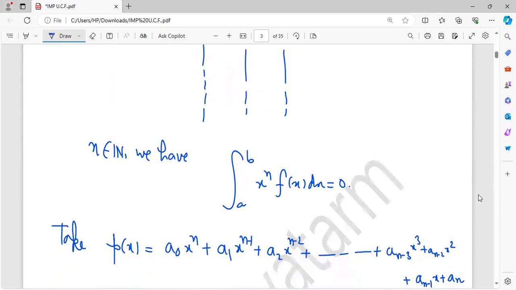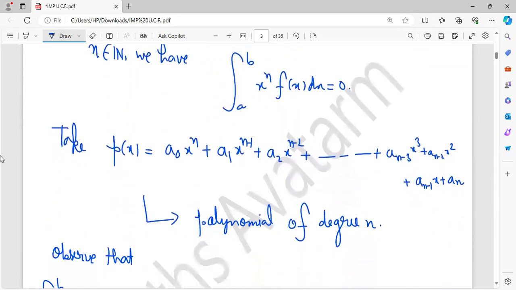Now I have taken any natural number n. We have the integral from a to b of x to the power n f(x) dx equal to 0. Now we take any general polynomial. Any polynomial of degree n looks like this: a naught x to the power n plus a1 x to the power n minus 1, like that, up to plus a(n minus 1) x plus an. Now you evaluate this.